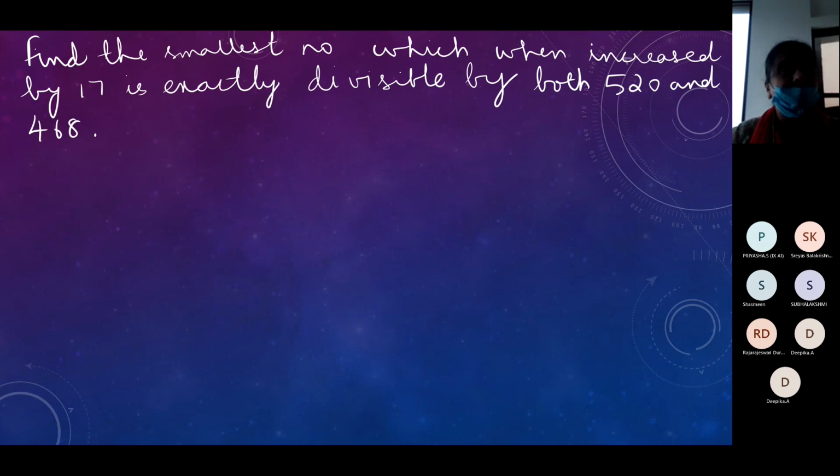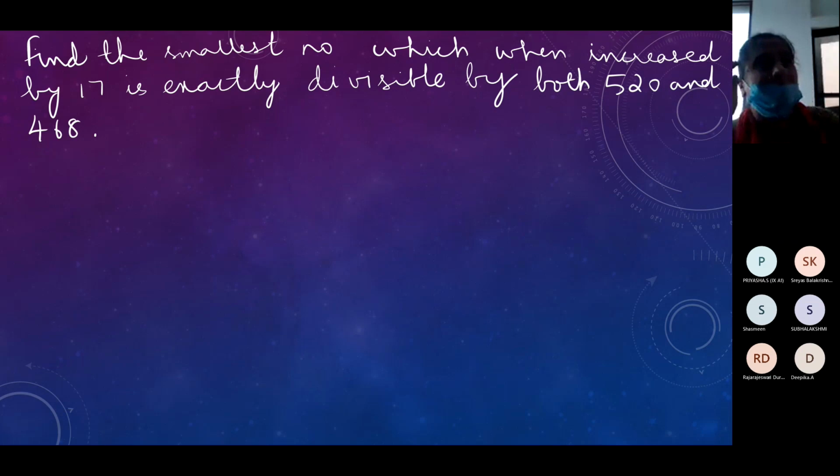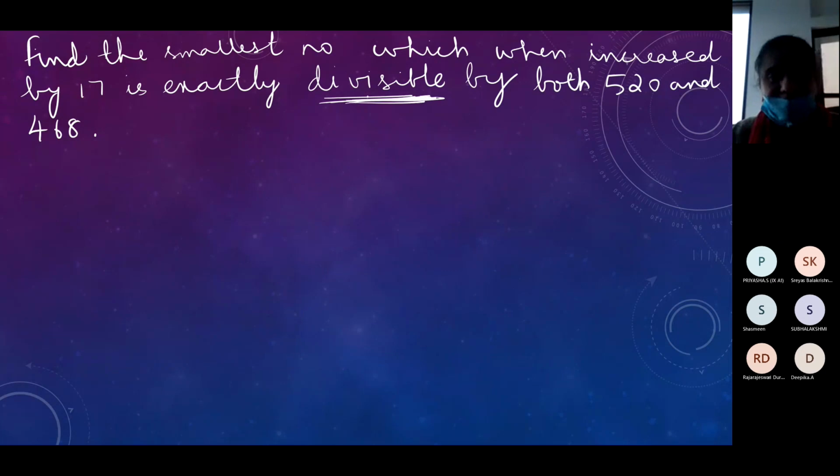So here the number you're finding should be divisible by 520 and 468. So you have to find the LCM. The number which you're finding should be divisible by this and this.